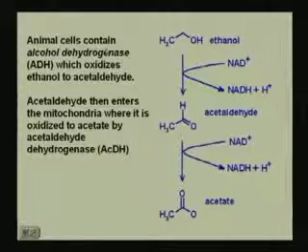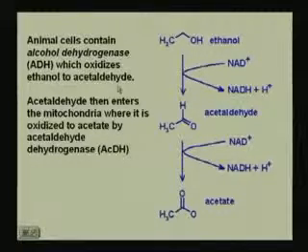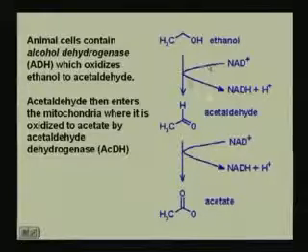So, animal cells also contain alcohol dehydrogenase, which oxidizes ethanol to acetaldehyde, okay. So, we have ethanol, then we have NAD+ that is getting reduced to NADH, and what is it doing?